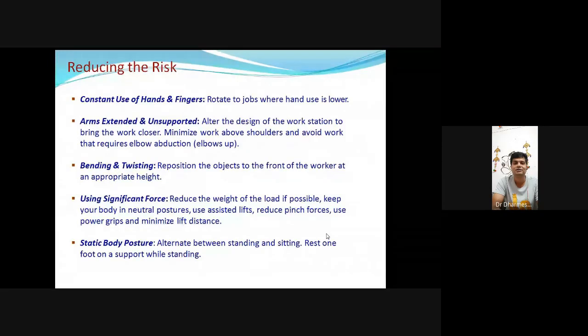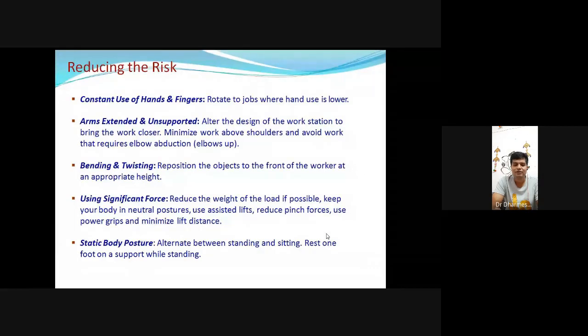Now, the risk factor of static force and static body posture. How can we correct static body posture? Alternate between standing and sitting, and rest one foot on a support while standing.